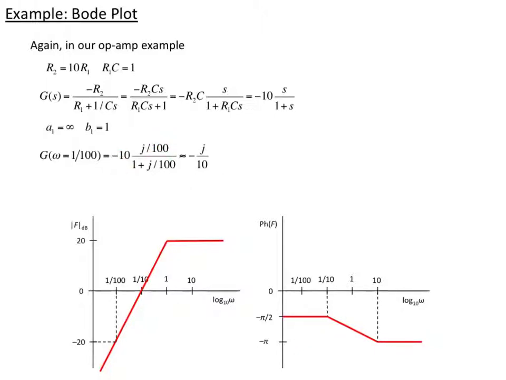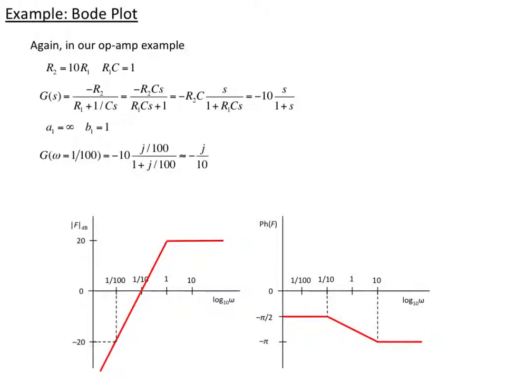So 10 over 100 is 1/10. The minus sign comes and I'm left with the j. So I expect that my magnitude at 1/100th is going to be minus 10. So that gives me this point. Minus 10, 1 over 10 there, is minus 20 decibels. Right, so that gives me this 1 point.